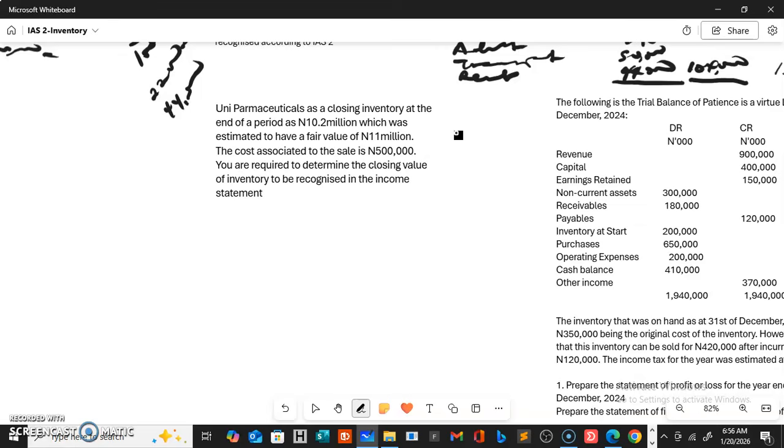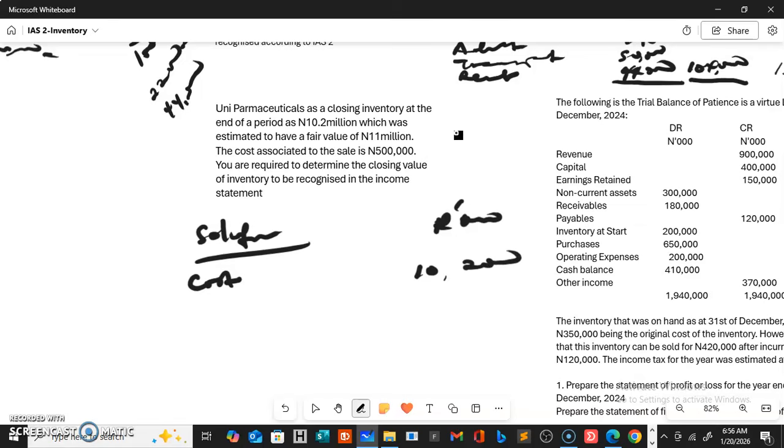So let's look at the solution to this question. We have the initial cost as 10.2 million. Let's say this in thousands, that'll be 10,200. We now have the net realizable value, which is the sales.